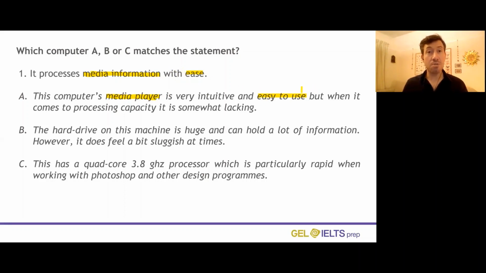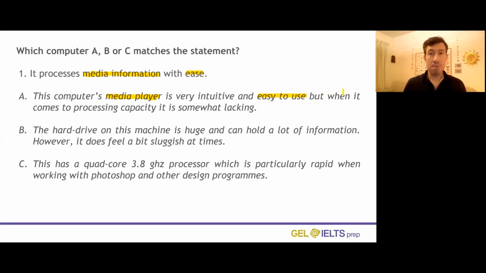But easy to use is saying the person can use this computer easily. So it's not that the computer processes information easily, but that people can use the computer easily. So there are two different meanings in those sentences. So again, that's another example of a distractor.